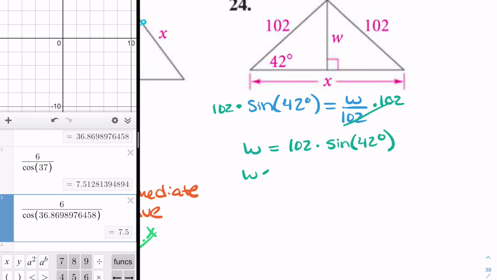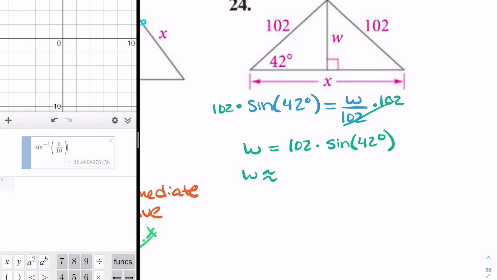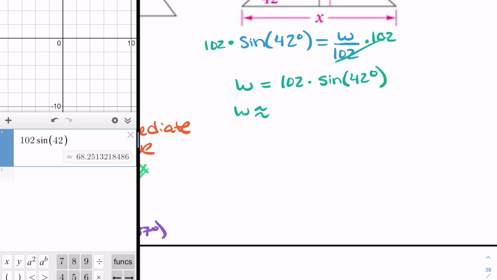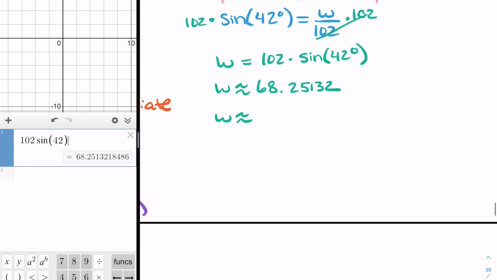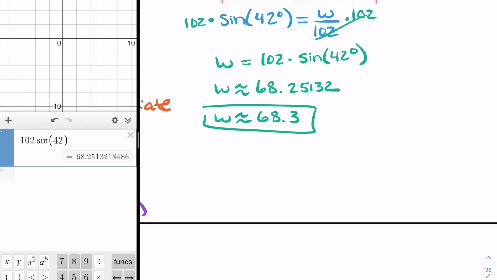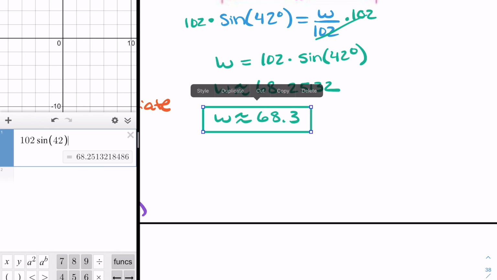And so W approximately equals 68.25132. So W approximately equals, and we're looking for side lengths to the nearest tenth, 68.3. That's our nearest length rounded.